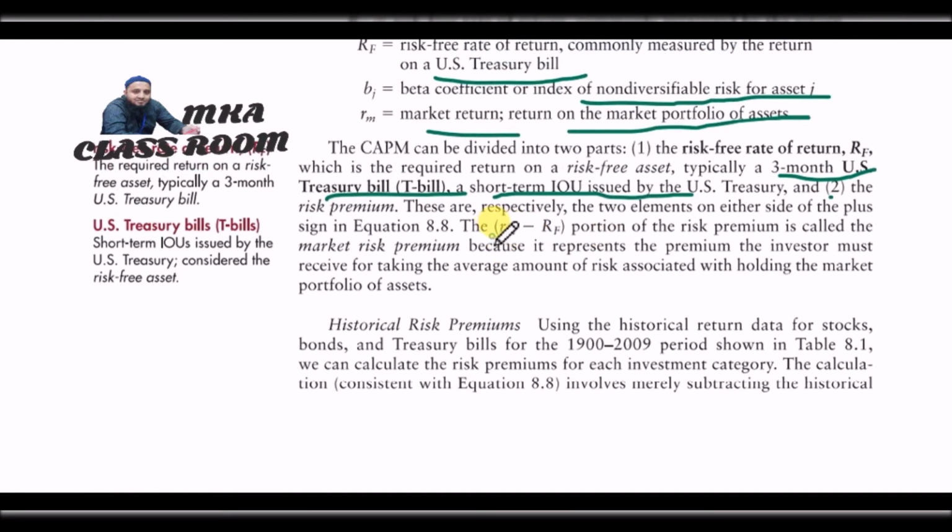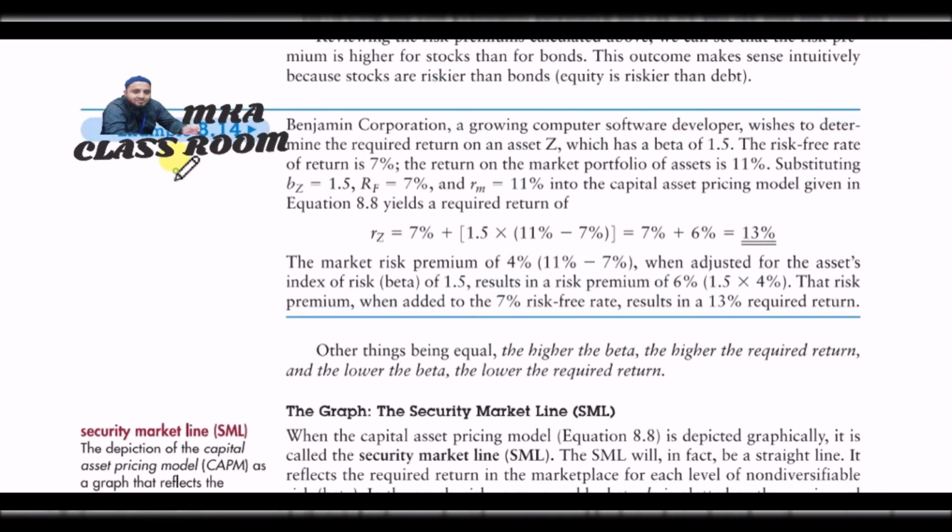The portion RM minus RF of the risk premium is called the market risk premium, because it represents the premium the investor must receive for taking the average amount of risk associated with holding the market portfolio of assets. So here is the example.